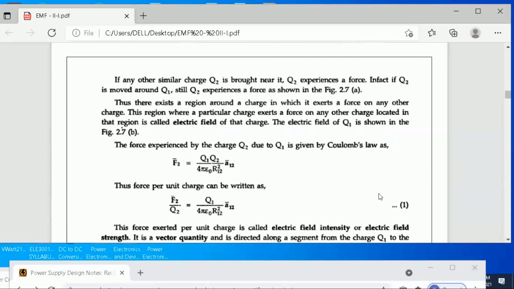And again, we go back to the equation. This is your force. Now the force per unit of charge, the Coulomb force divided by Q2, is called the electric field intensity.